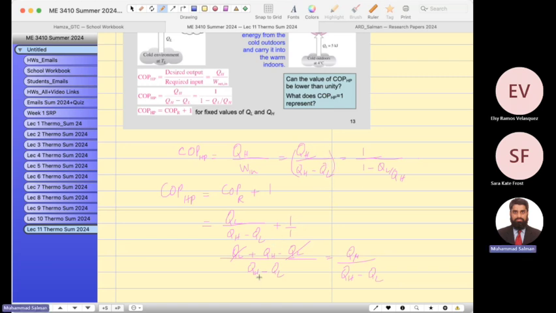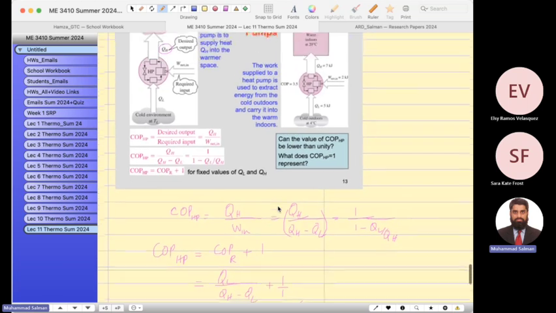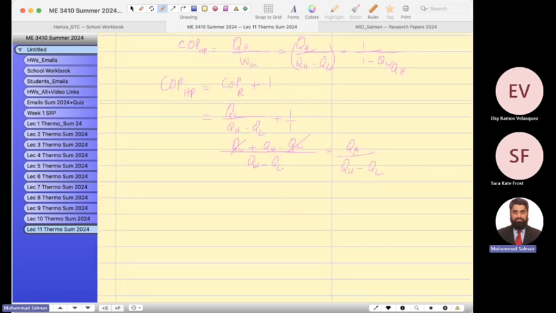So this is the coefficient of performance of the heat pump, which is 1 plus the coefficient of performance of the refrigerator cycle.